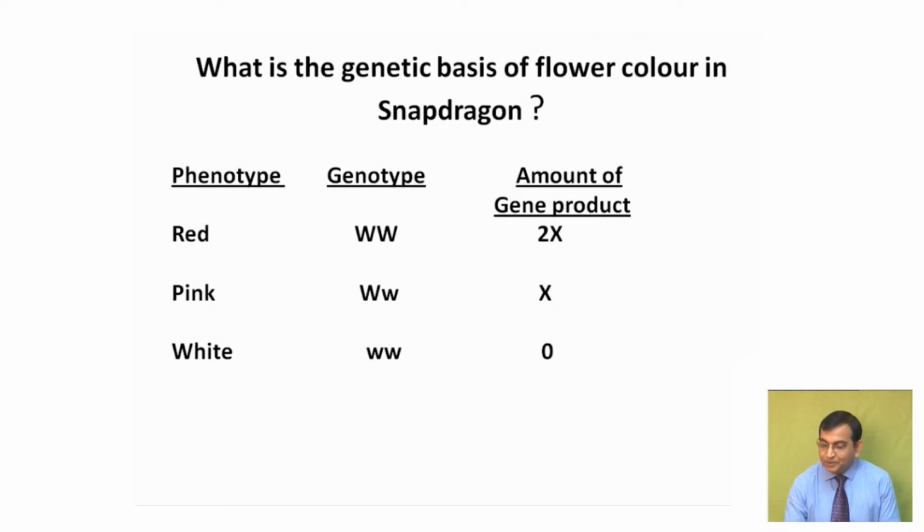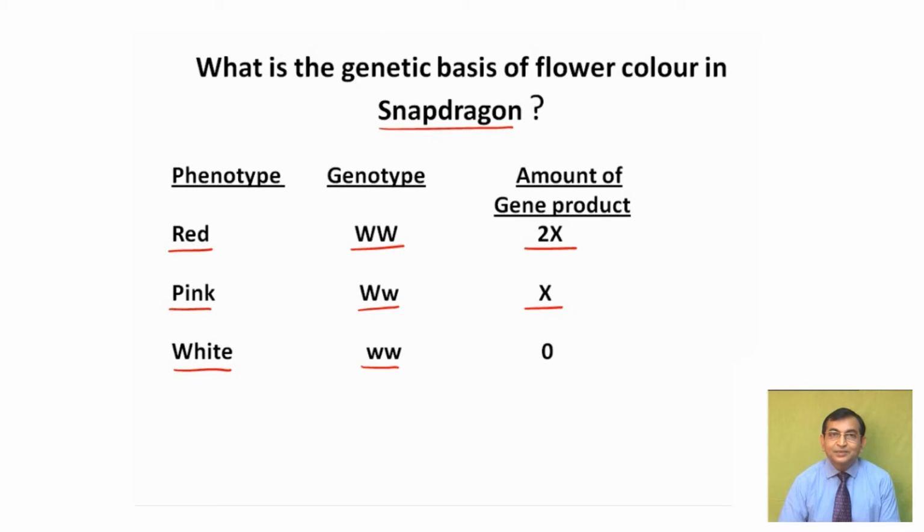Now the red phenotype, which has a genotype of capital WW, has a gene product amount, that is pigment production, of twice X. On the other hand, in the pink colored flower, which has a genotype of capital W and small w, the gene product is only X. In the white colored flower, that is small ww, the amount of gene product is 0.